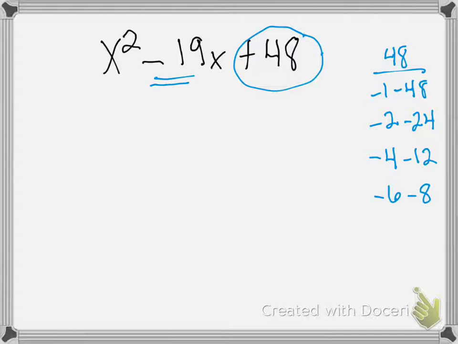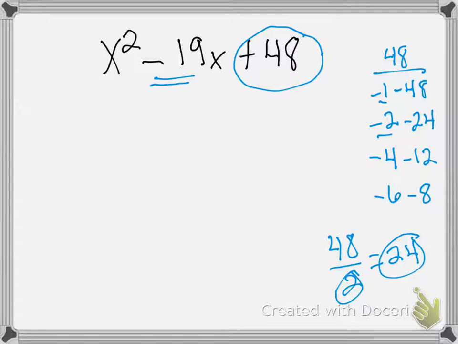So normally start with 1, okay, and then try 2. And when I say try 1 and try 2, what I mean by that is, if you do 48 divided by 2, you get 24. That means that 2 and 24 would make a pair of factors, okay?